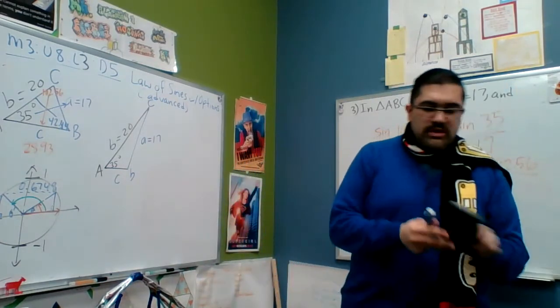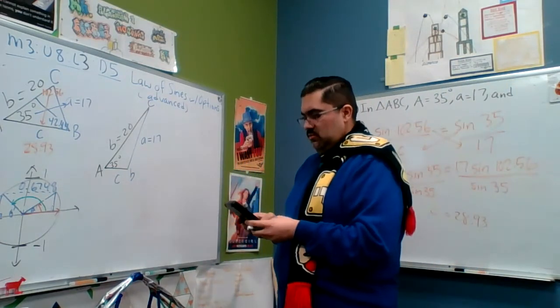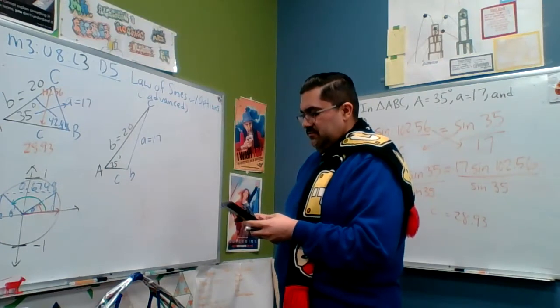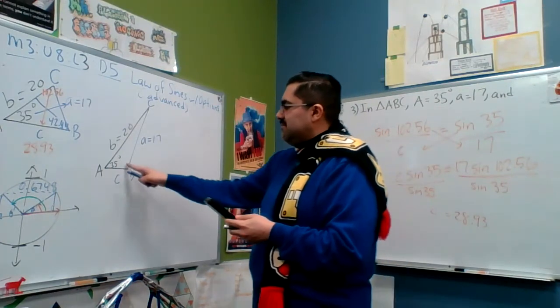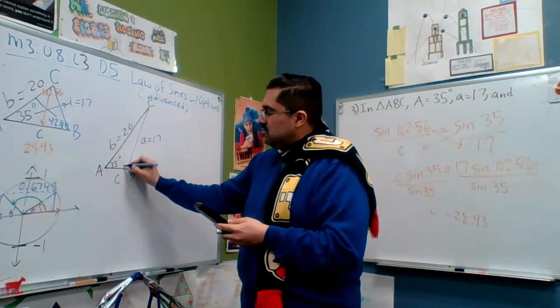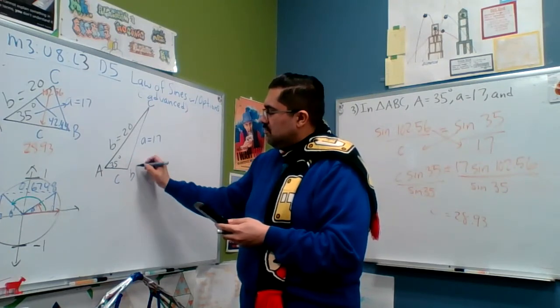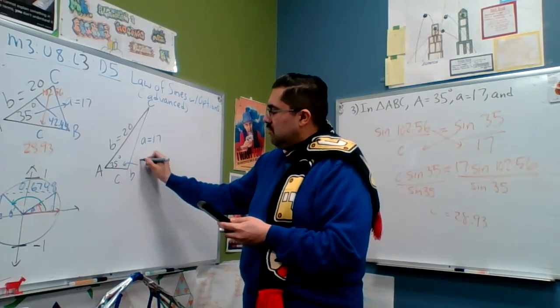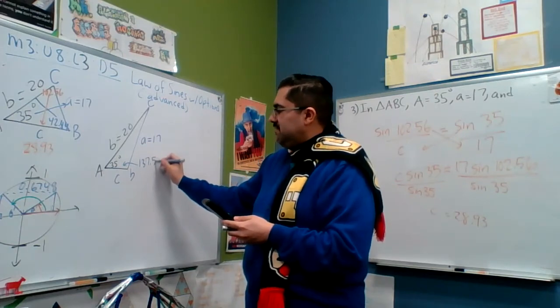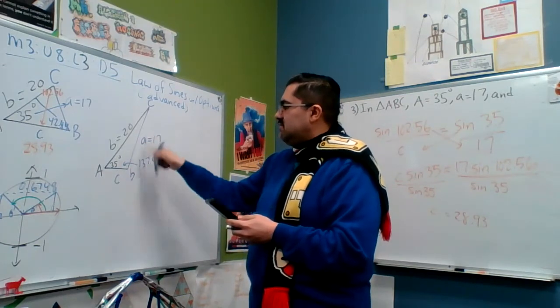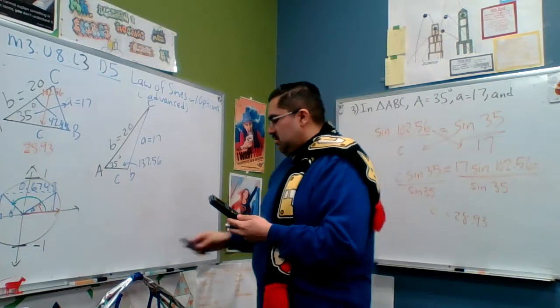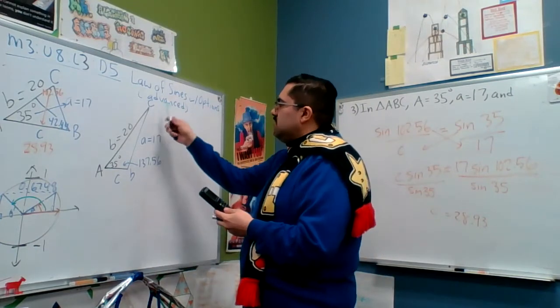Just going to do a quick calculation because I know that 180 minus 42.46 is whatever this angle is right here, which is 137.56. Okay, so we have two pairs that match up. Let's get little c.